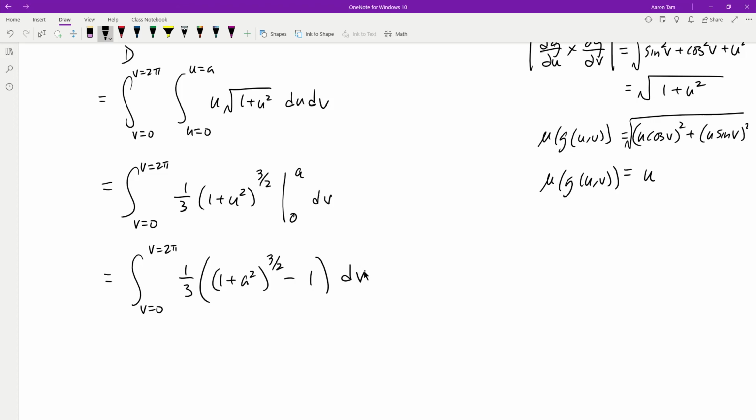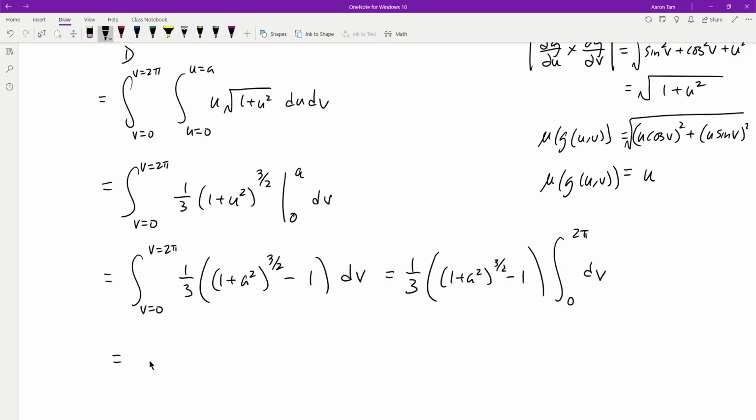And just like with the last example, this whole thing has no v in it. So therefore, I'm going to pull this whole thing out of my integration and simply integrate from 0 to 2 pi of dv. So that becomes just v, going from 0 to 2 pi, which is just 2 pi.